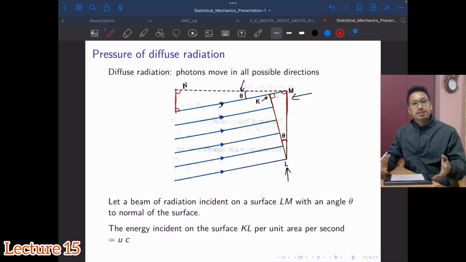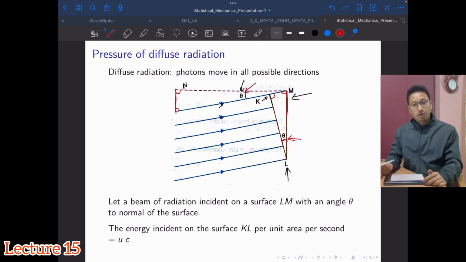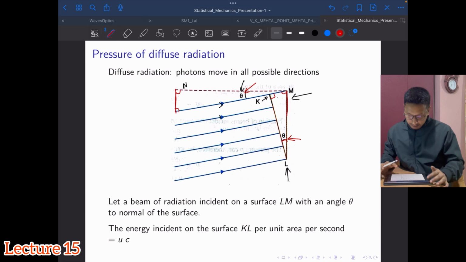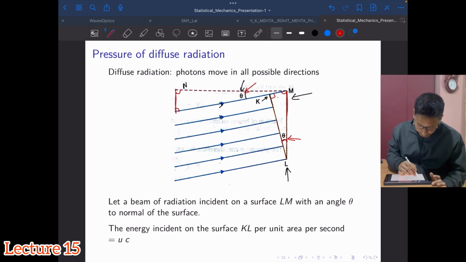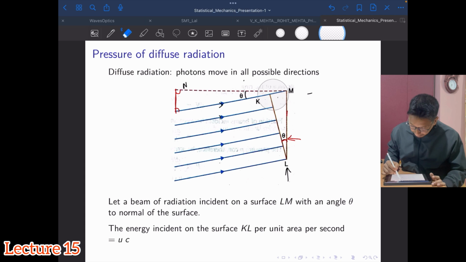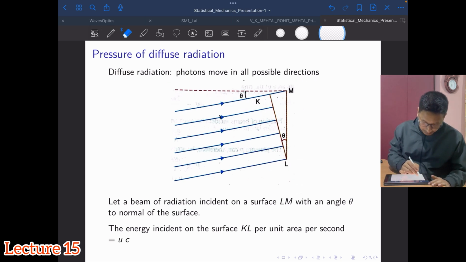By applying similarity of triangles, the angle theta here will be the same as this. Please go back if you are not familiar with this, but what you have to consider here is that the angle KLM is theta. All right, let's continue.